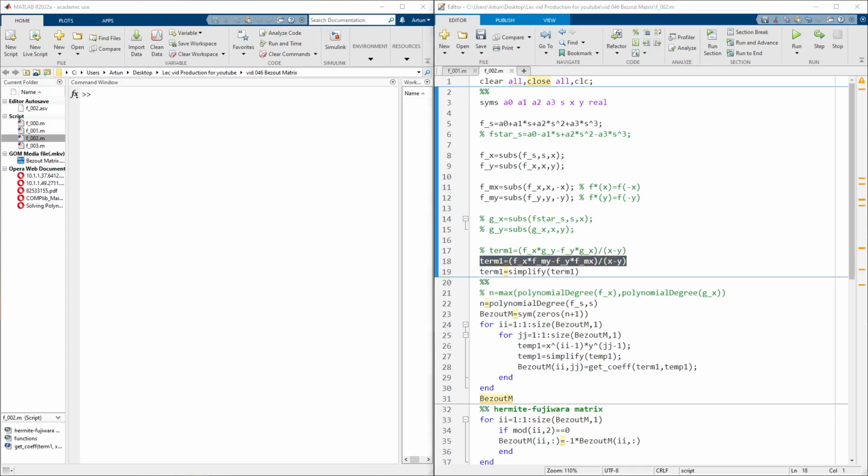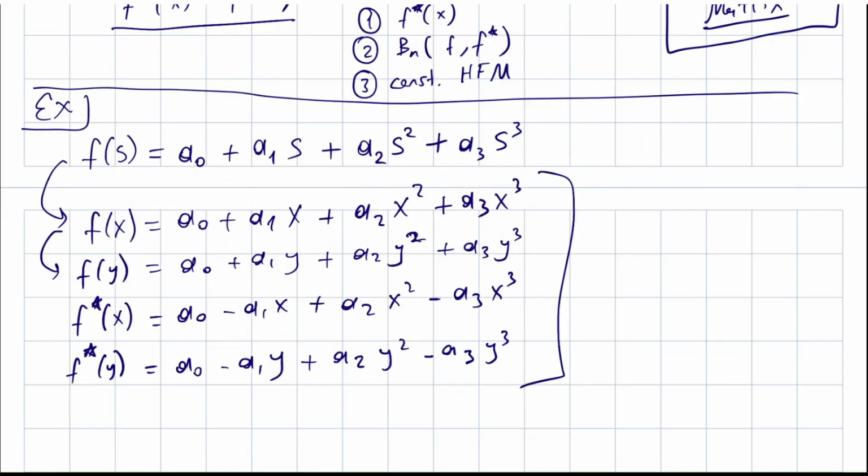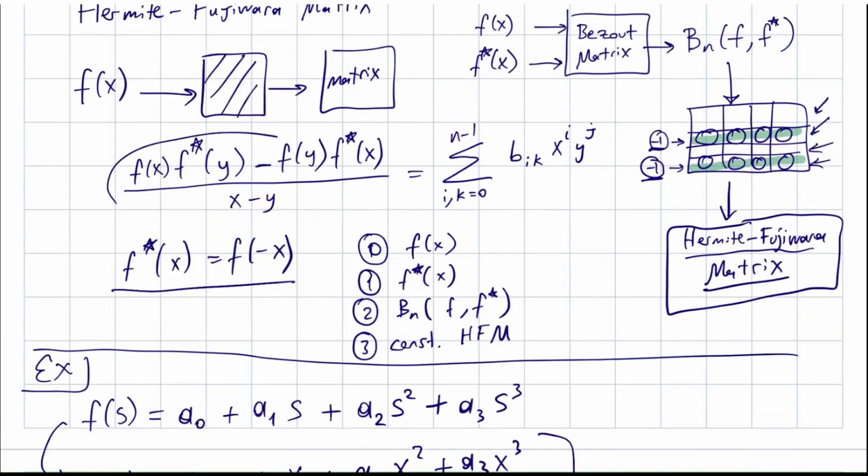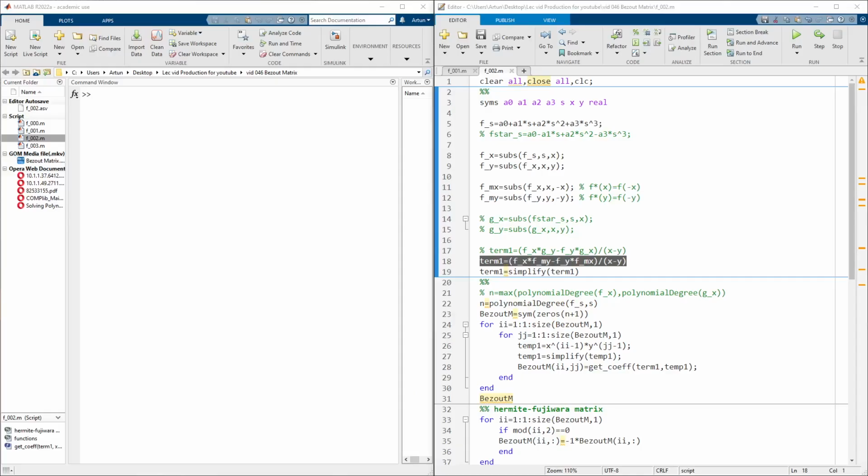Let's get back to our tablet here. Just look at this. This is something that we are using right now. F of x times f star of y. Let's change the screen. F of x times f star of y.